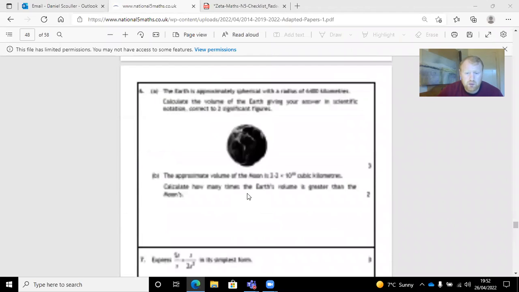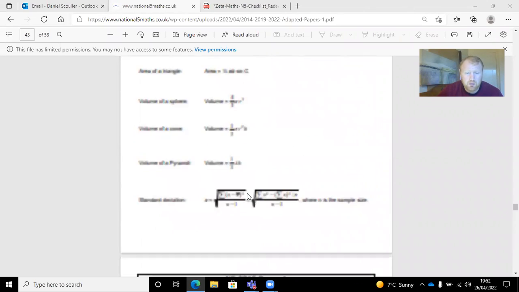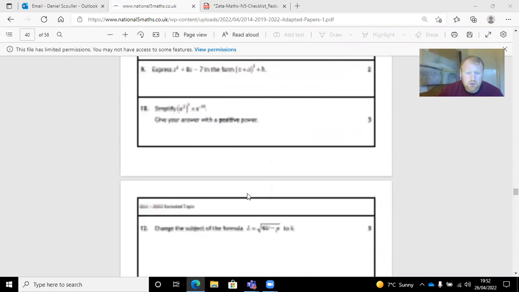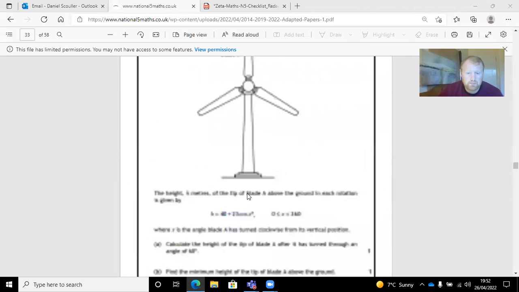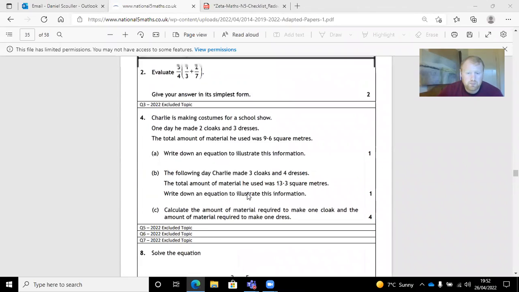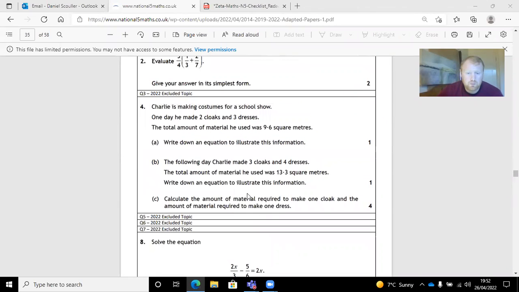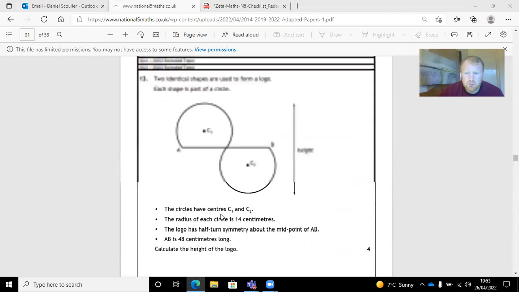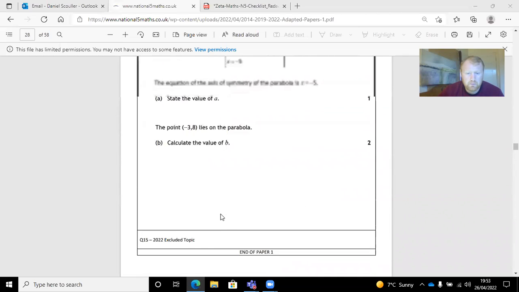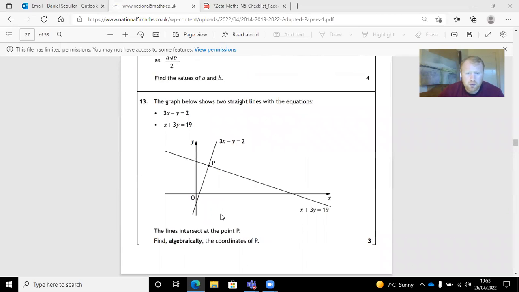Alright, so let's have a wee look at 2016, paper 1, question 4. That's a wee story, put together a couple of equations. Okay, 2017, paper 1, question 13.